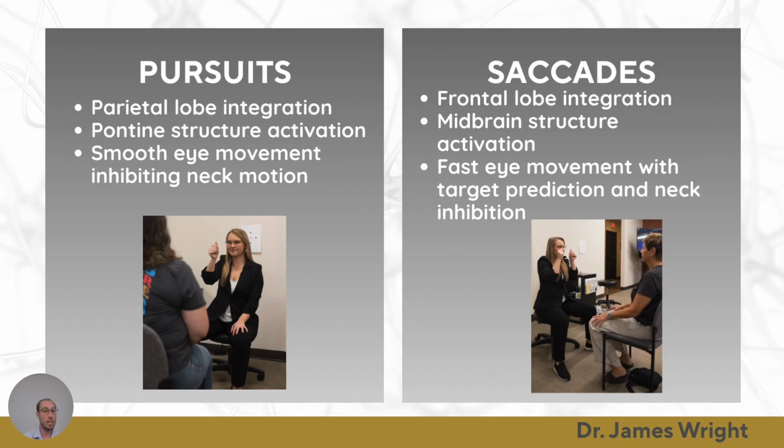It's got target prediction and neck movement. So what that means is if I look to my left, for instance, and it's a quick boom, there's my left, there's a tendency to move my neck, which is a natural response. But if I don't have good blocking of that particular area when I look to the left, then I'm just going to move it.